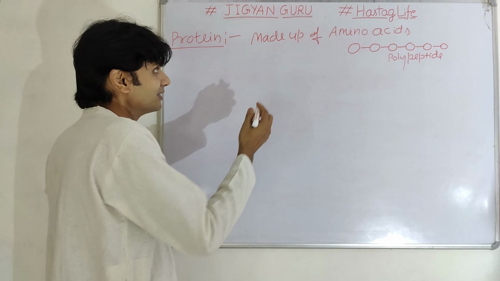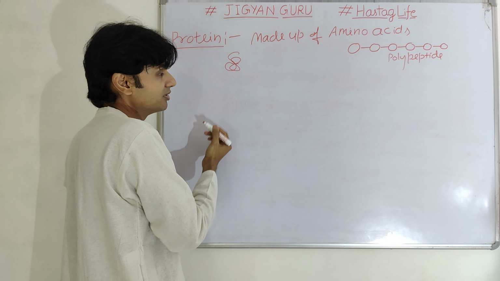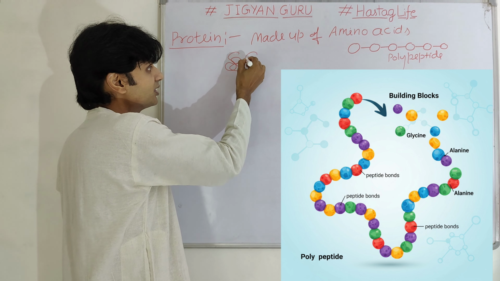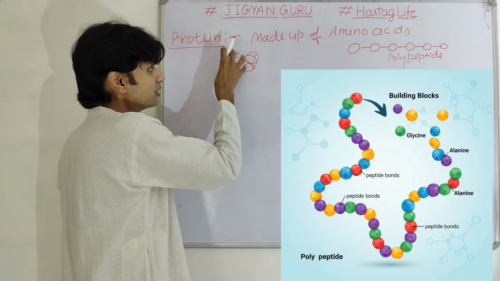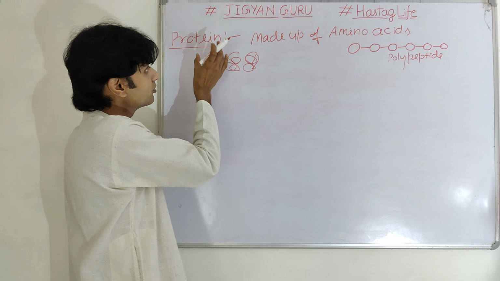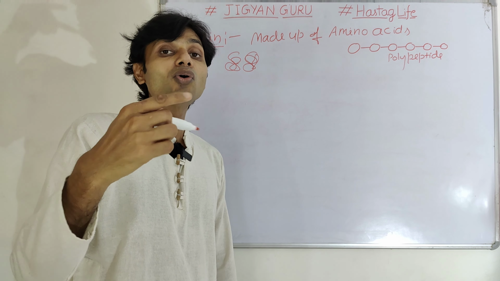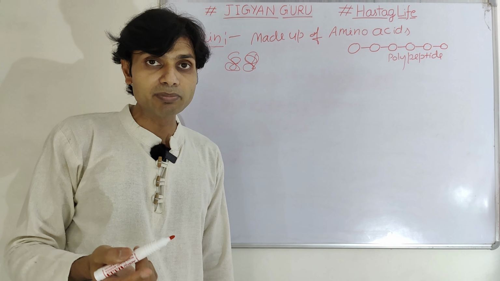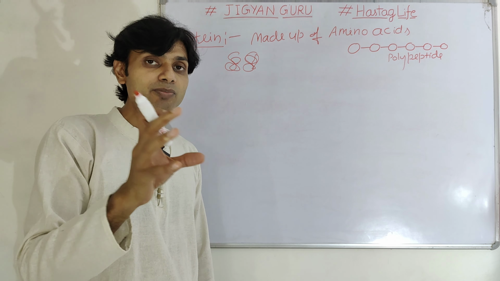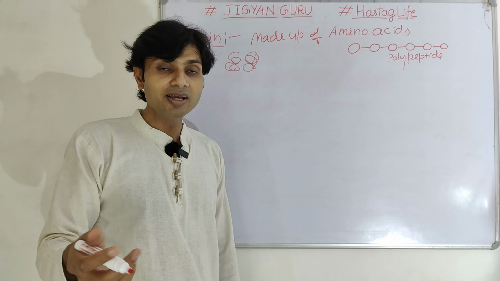If this is one chain of amino acids, this could be another amino acid chain. So it is one polypeptide, it is another polypeptide, but together they form the protein. In a protein there may be a single polypeptide or multiple polypeptides, depending upon what type of protein it is. Like we can take the example of hemoglobin.